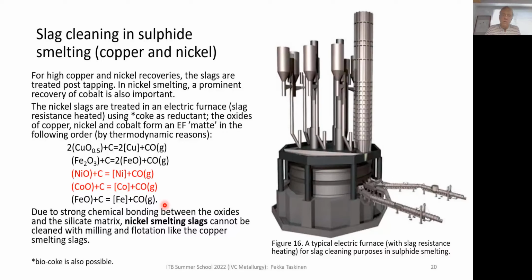So this is going according to the thermodynamic properties of these oxides and elements in the slag, and this is what you can see when the slag cleaning process is progressing.